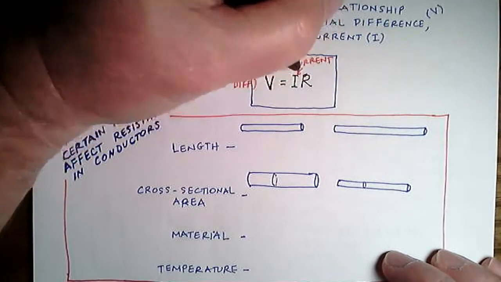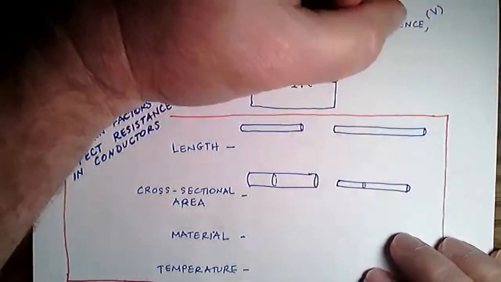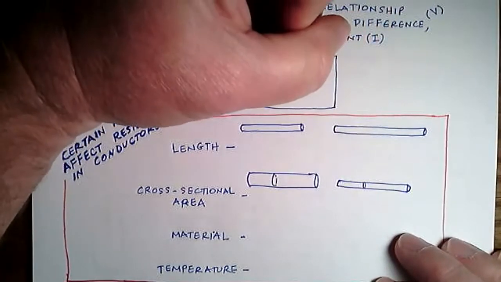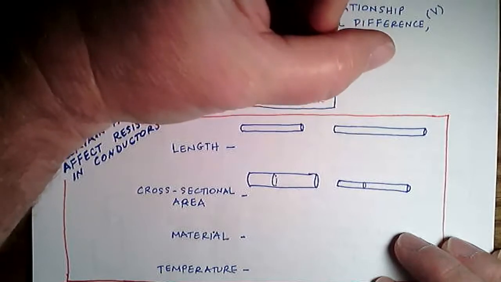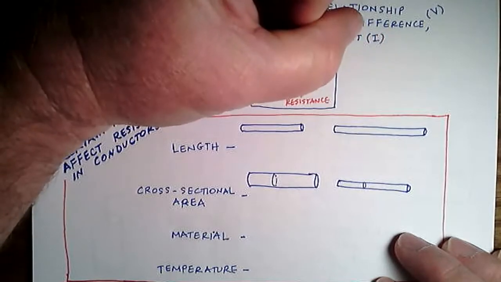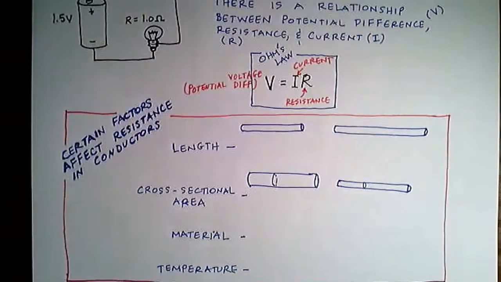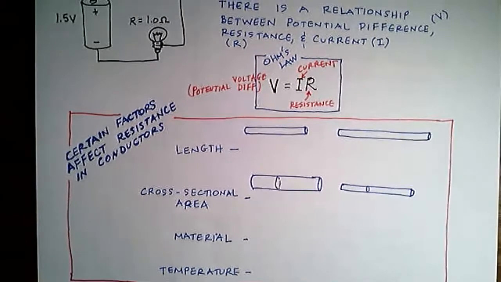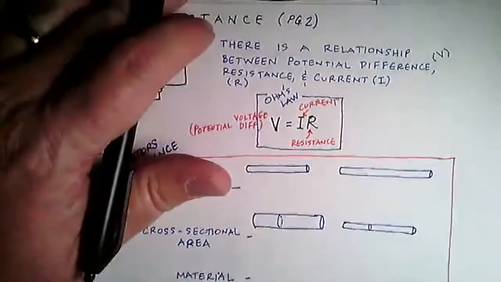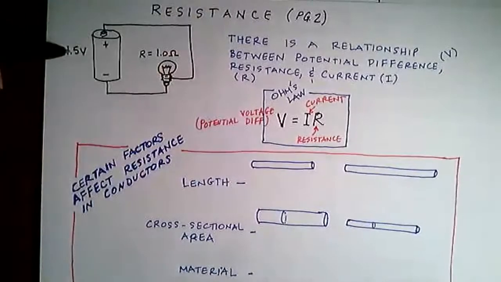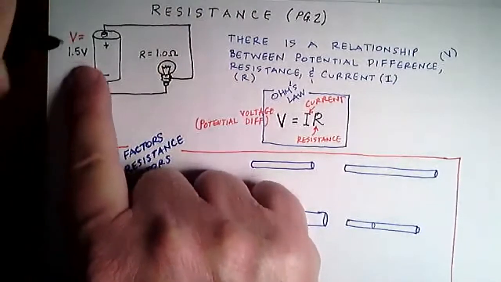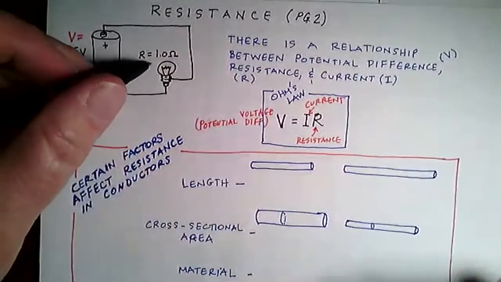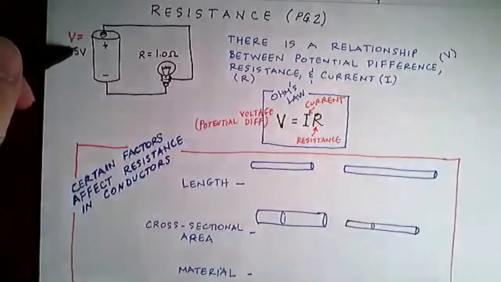So I is current. And R, this is the new one. This is resistance. R is resistance. So if you think about this, I hope this will make sense to you guys. And that is, this is V, this is my potential difference, and this is my resistance for the light bulb.